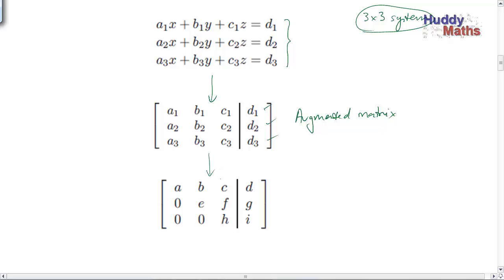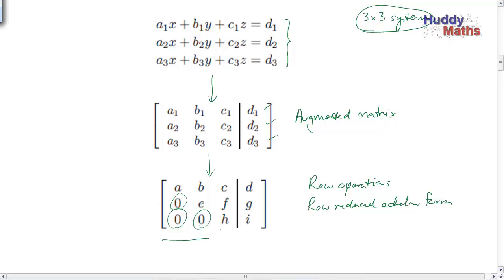And then what we're going to try and do is do a process of elimination with row operations and combining equations so that we get this. And this is called the row reduced echelon form in technical terms.